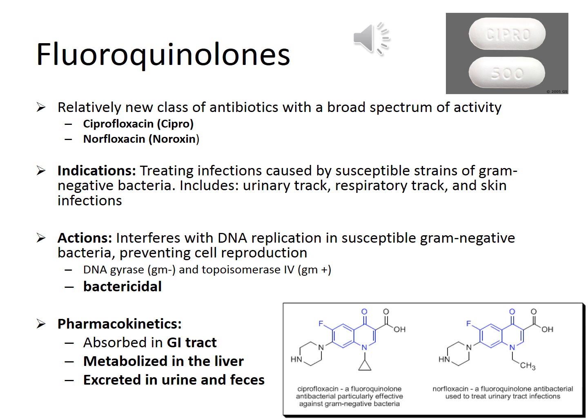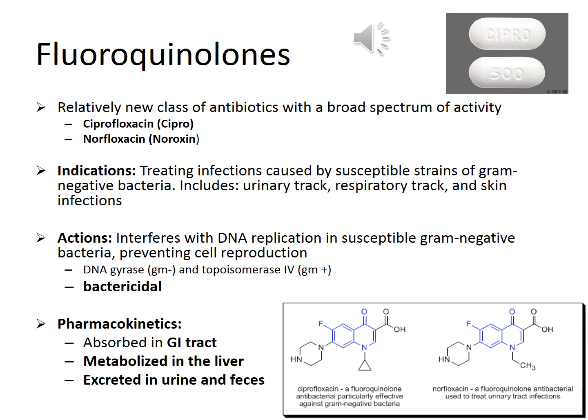The way they work is they inhibit a couple of enzymes. The first is DNA gyrase, which is the enzyme that's inhibited in gram-negative bacteria. DNA gyrase forms a supercoil required for the replication of the DNA in the bacteria, and if you don't get that supercoil formation, then replication just stops at that point.